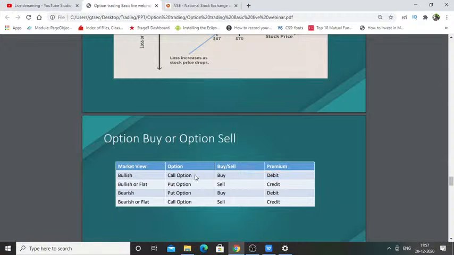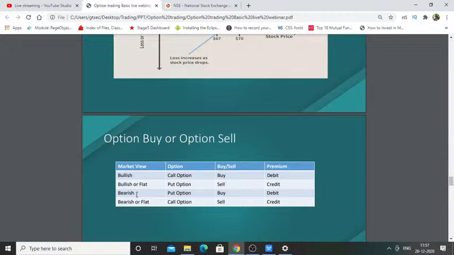Or you might think that the stock might consolidate or stay flat for some time. Then in this case you have to sell a put option. If the stock moves bullish or flat, it will make sense to sell a put option rather than buying a call option.